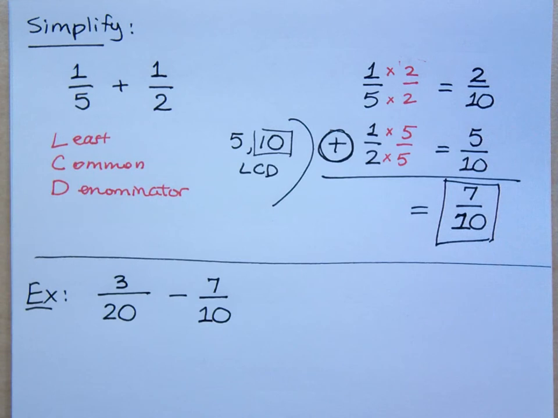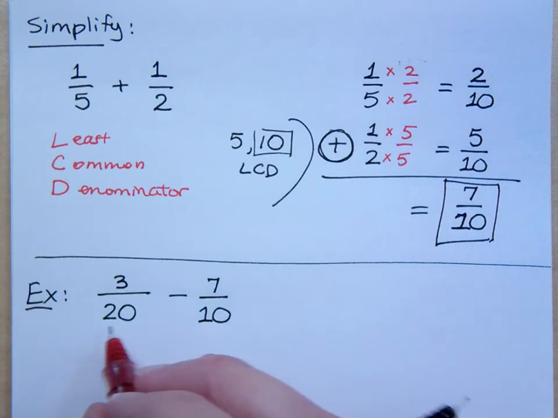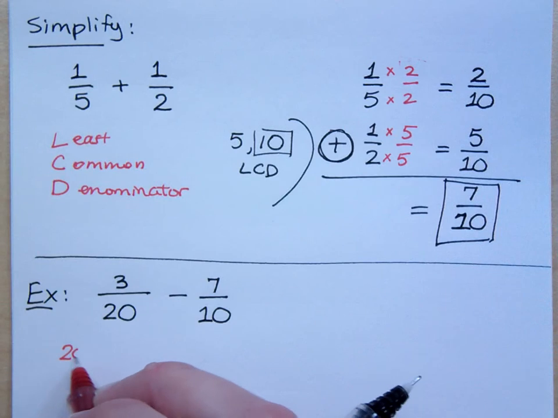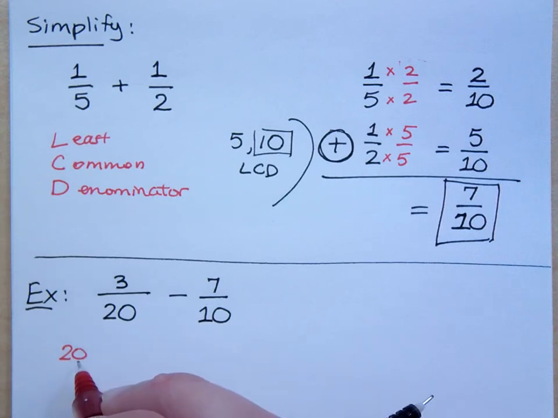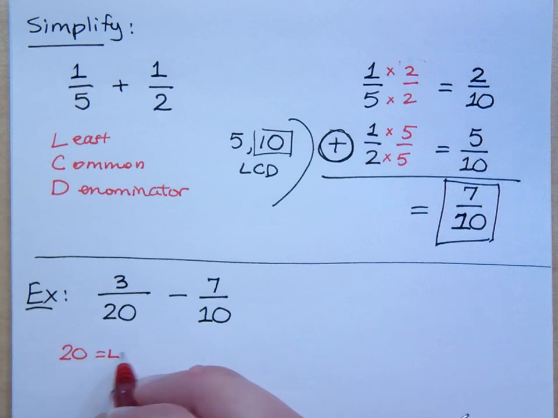Do we have the same denominator? No. But it's pretty easy to find the common denominator if you start with the largest denominator first. Start with the largest denominator, which is 20. Does 10 go into 20? Oh, so this right here is going to be our LCD then. It doesn't always work out that nicely, but it is something we can try.